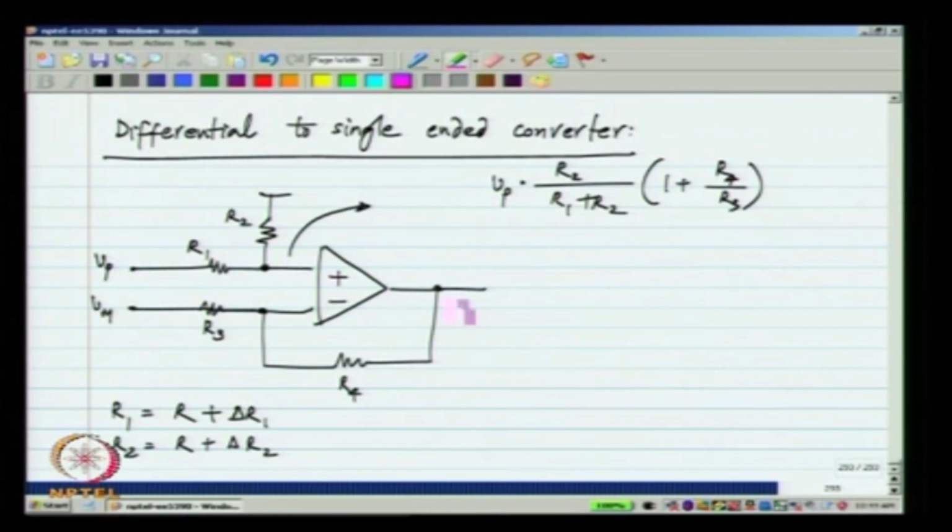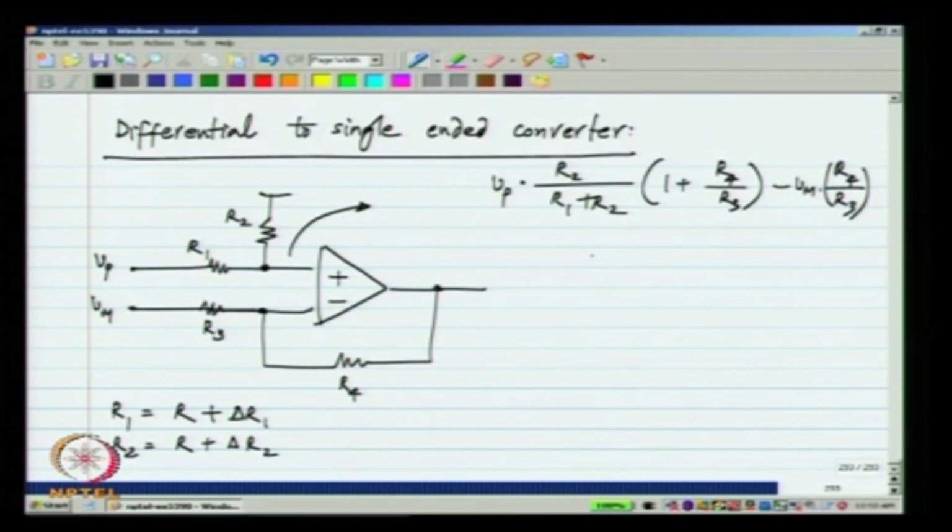So, that is the gain from Vp, and the gain from Vm of course is minus R4 divided by R3. Now, if R4 by R3 happens to be 1 and R1 by R2 happens to be 1, this will be exactly equal to Vp minus Vm, but in reality we know they will be different from each other.